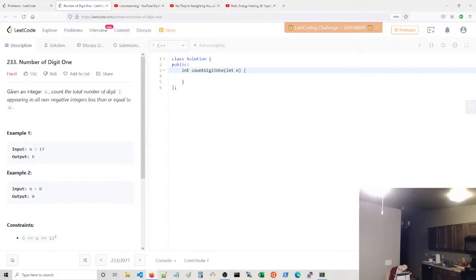Now, what's tricky about that is, the digit that you're looking at, you could multiply by 10 and just increment for each digit. So once you get to 1 billion, you multiply by 10 9 times, I believe.